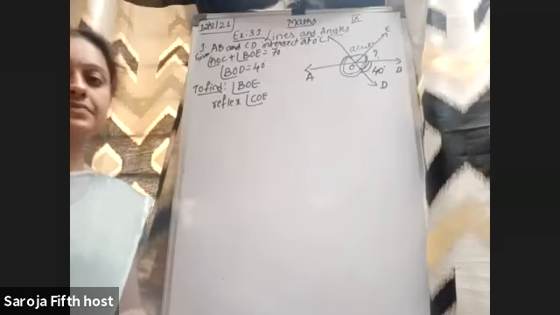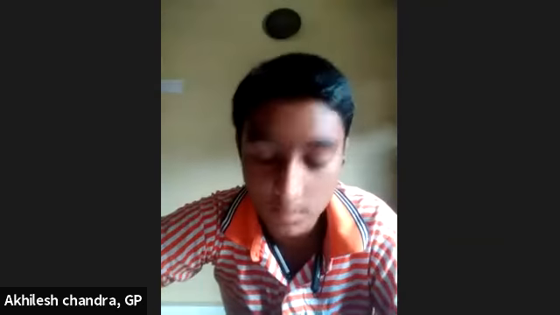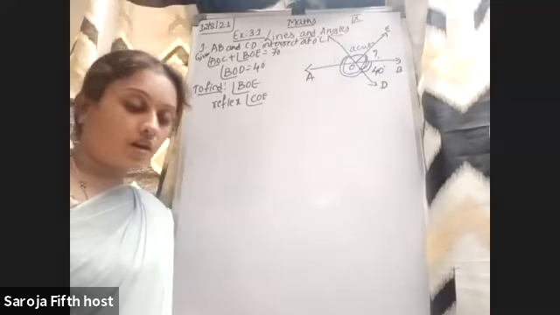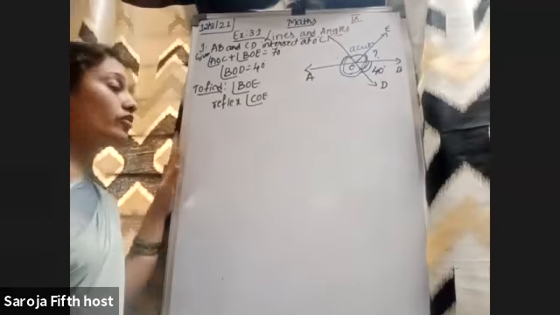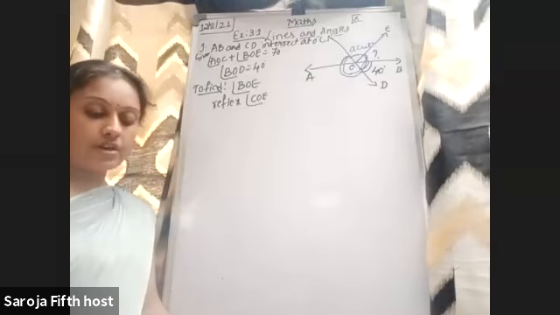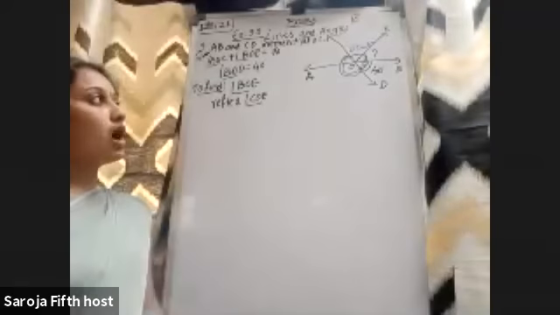Are you understanding? So these two have to be found in this figure. Understood what is given and what we need to find out? Anybody having any doubt? Okay, now how to find out?